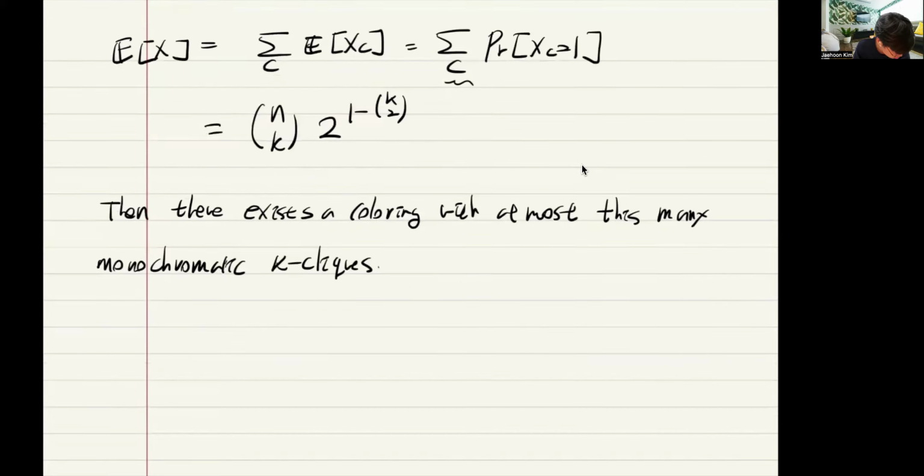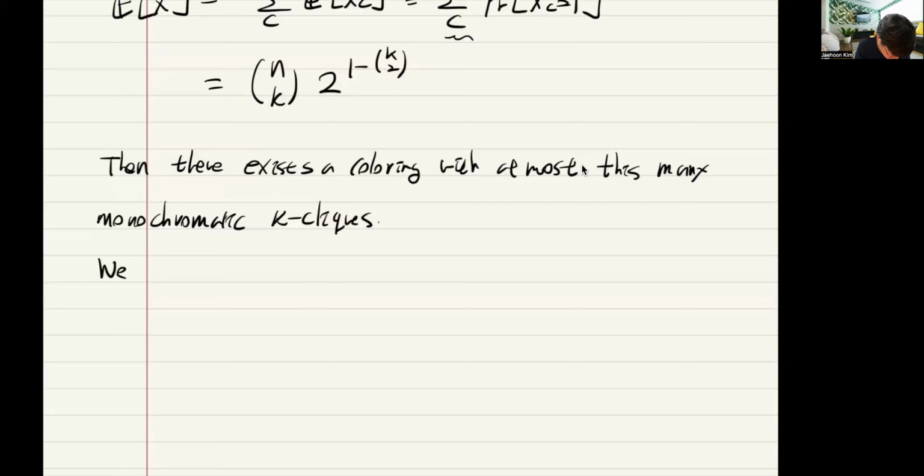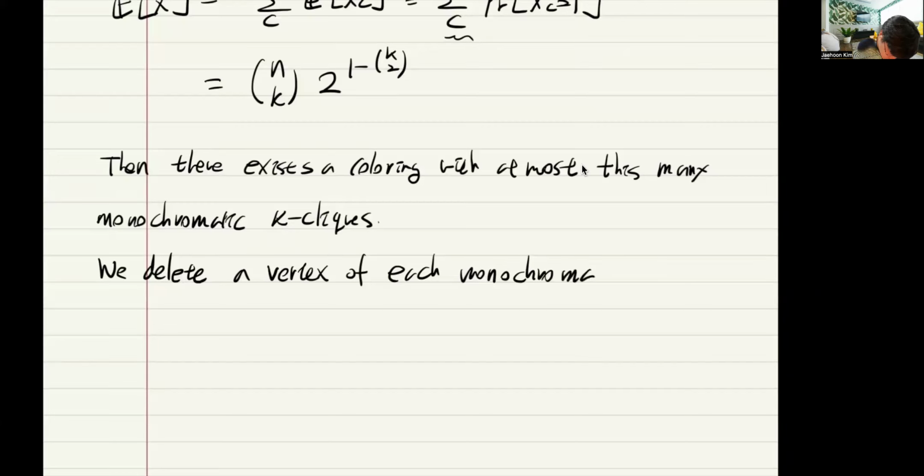We take such a coloring, and then we delete a vertex from each monochromatic k-clique. So there are k vertices in such a clique, and you choose one of them in an arbitrary way, and then you delete it.